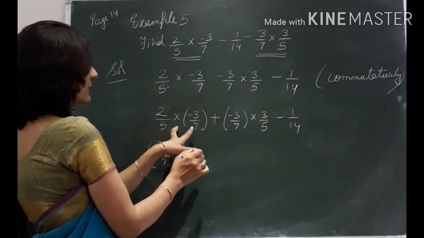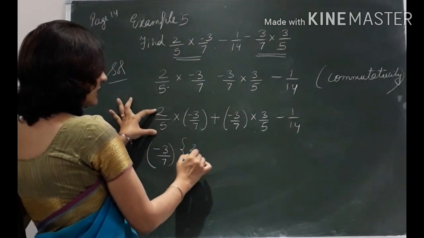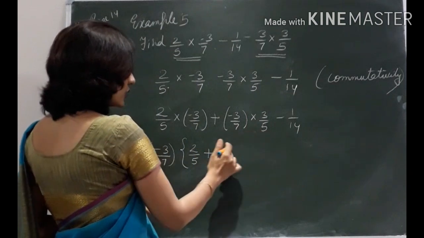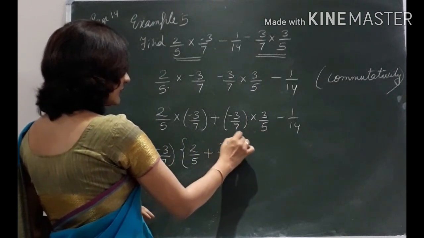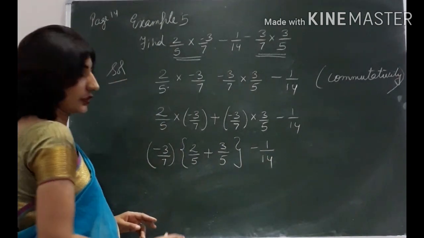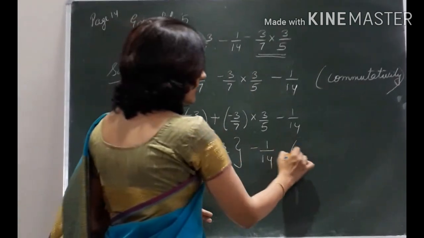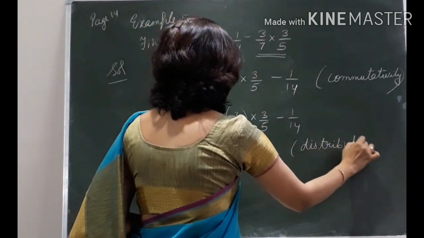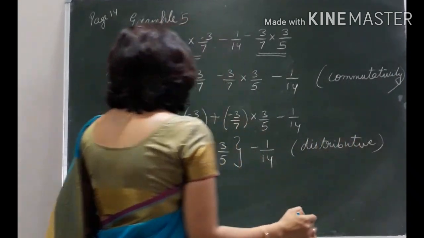Inside the bracket from these two terms 2 by 5 is left, then plus sign. From these two terms 3 by 5 is left and bracket closed, and minus 1 by 14 I will write as such. Here which property I have used? I have used distributive property. So here I have to write in bracket distributive property.